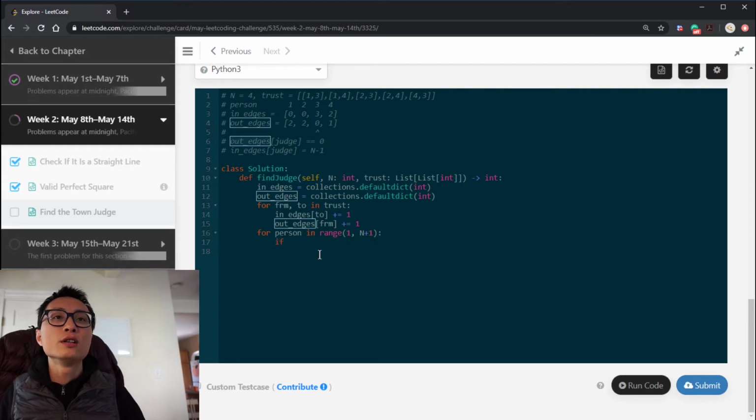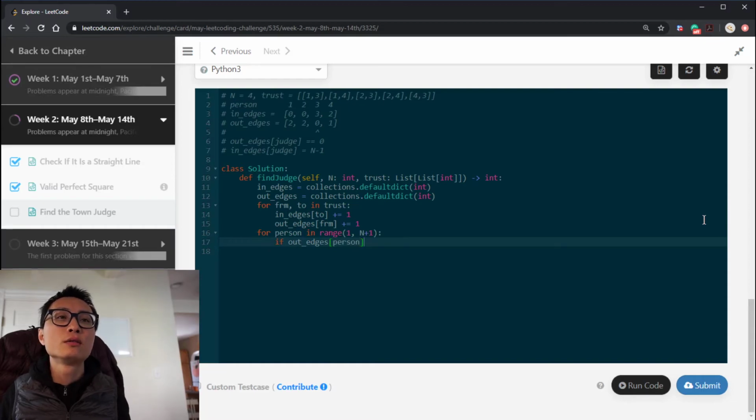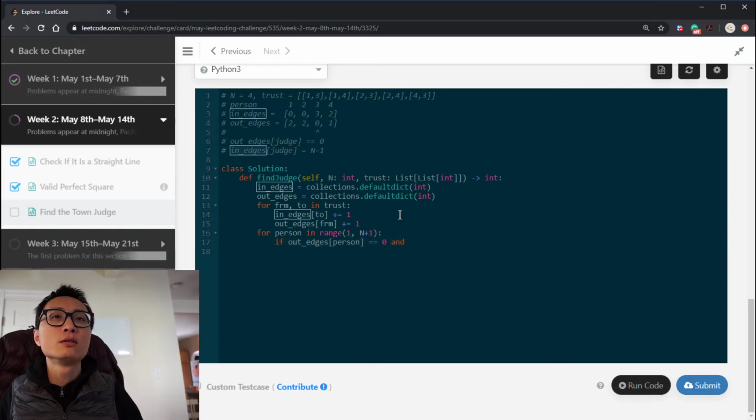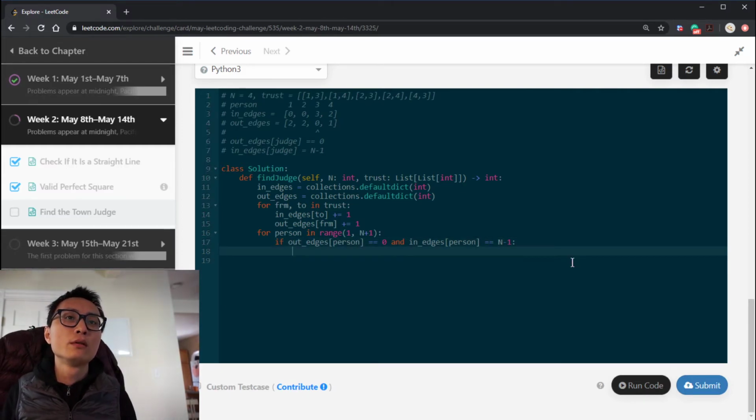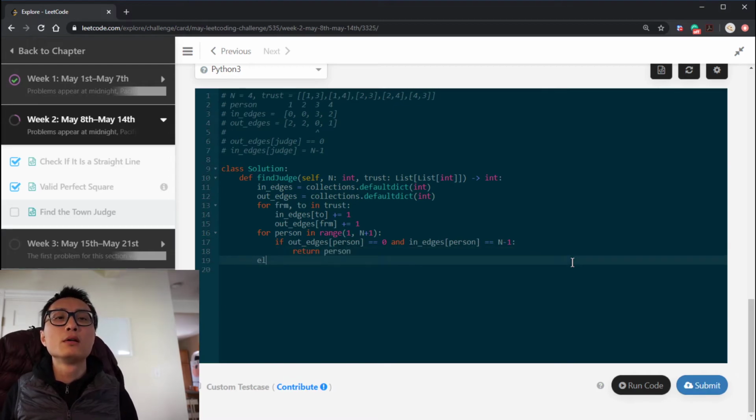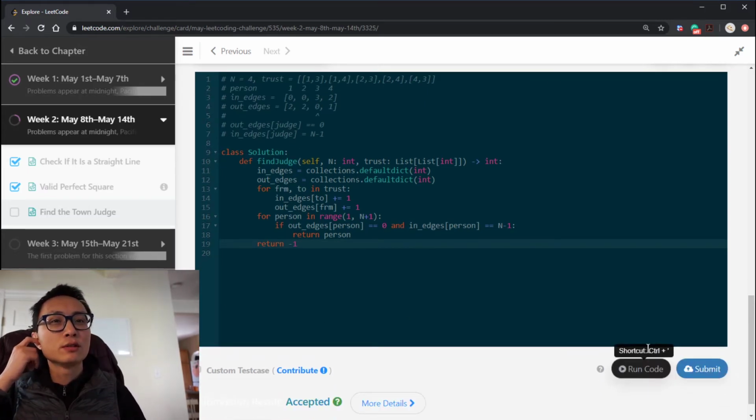The criterion is that if this person has no outgoing edge and has n-1 incoming edges, so every person except himself trusted him and he trusted no one, we return that person. Otherwise, we just return -1. So this should be the code solving this question.